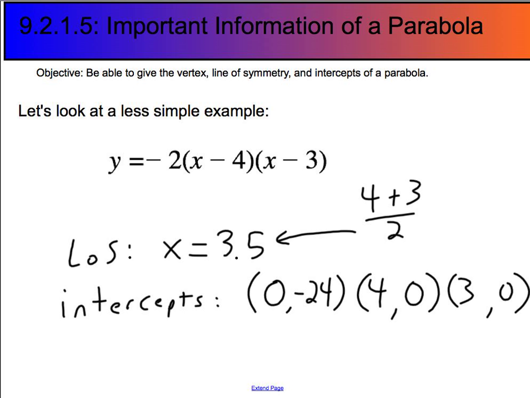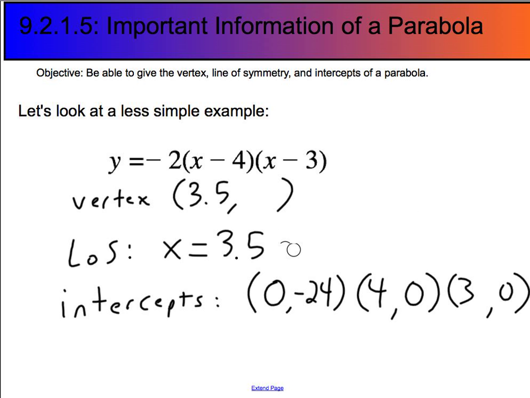Again, the vertex is halfway in between, so in this case, 3.5 comma something. I don't know what goes there, but I can plug in the 3.5 to find out what that's going to be. So that calculation right there is just me plugging in 3.5. I'm looking for what the output would be.